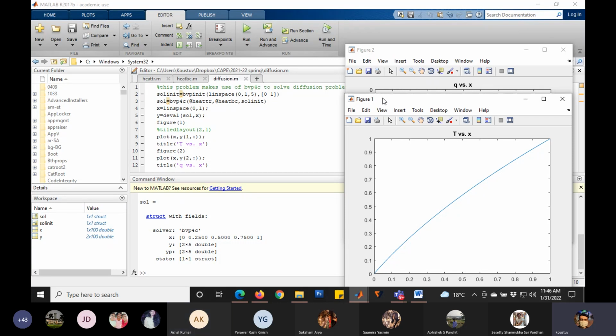Yes, MATLAB has been the workhorse in engineering problems, and every year they update it by adding new features. Nowadays, people also do neural network calculations and complex modeling problems in MATLAB. So don't just skip this MATLAB part.